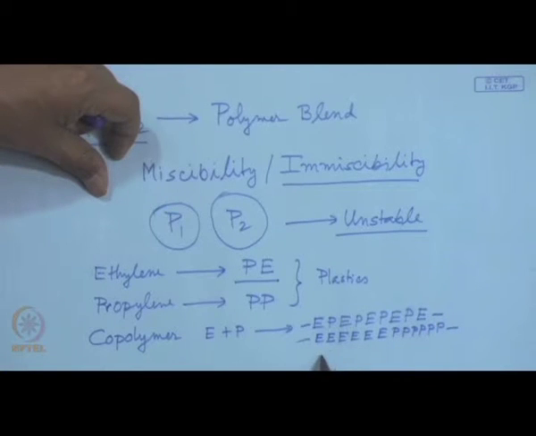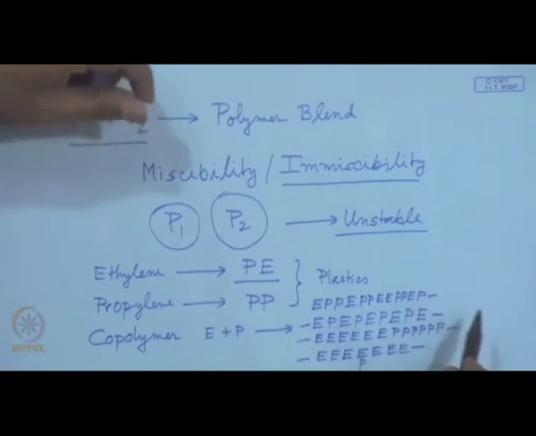This way it continues. If we want to graft propylene onto the main backbone chain of ethylene, it looks like this, from where this propylene segment can grow. This is graft copolymer. Similarly, we can have random copolymer: ethylene, propylene, propylene, ethylene. These ethylene units or propylene units are randomly placed along the backbone chain of the polymer.